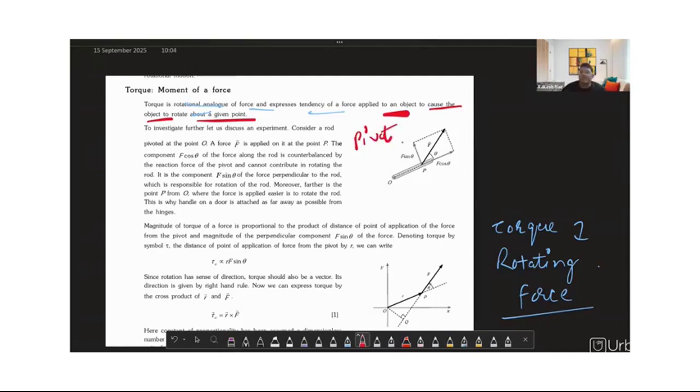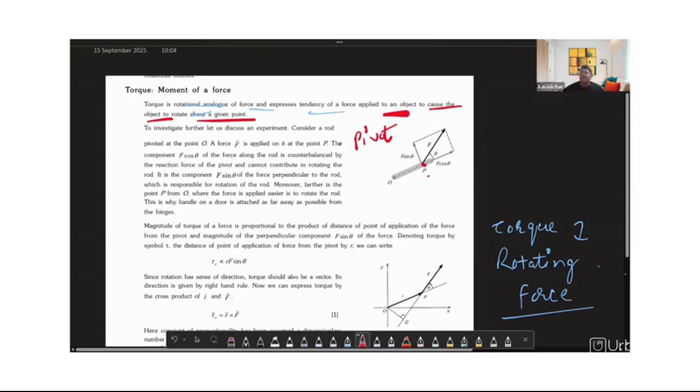So the object is pivoted along point P. For an object to turn, it should have a pivot. Pivot means the fixed point about which the turning actually occurs, and the object is known as pivoted.